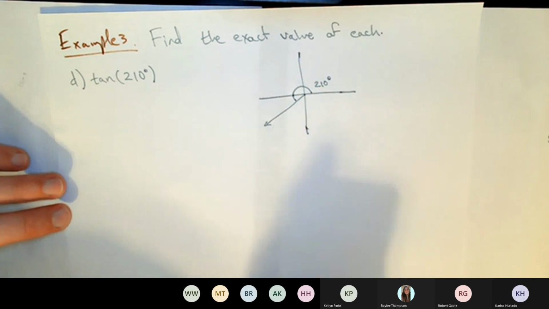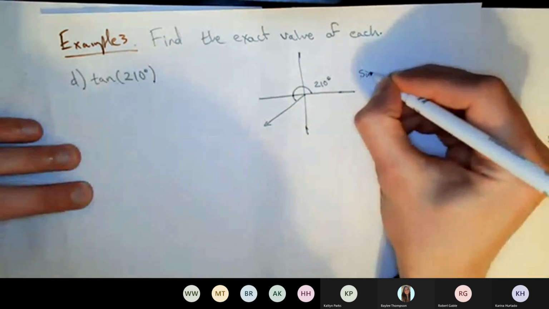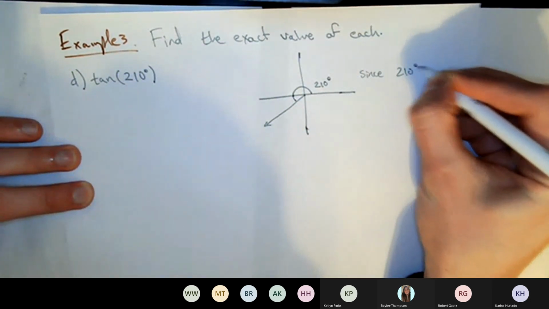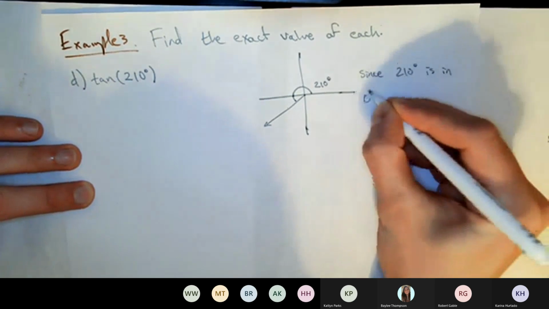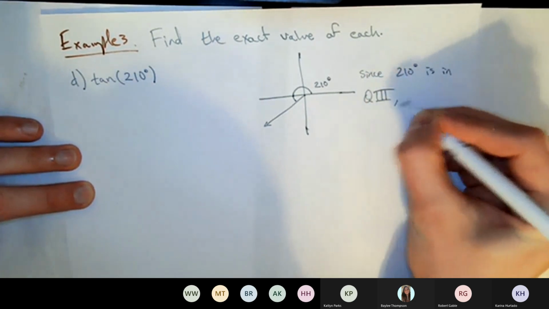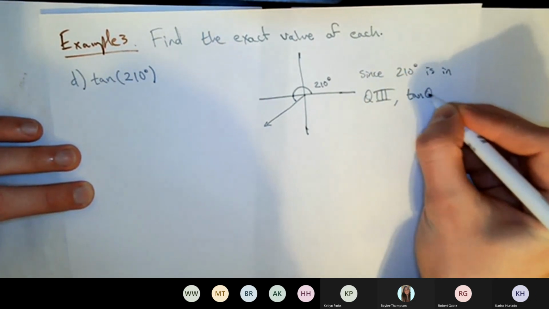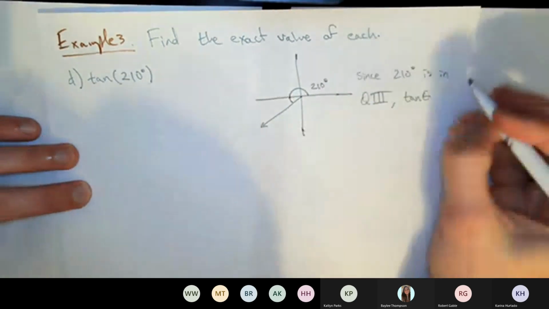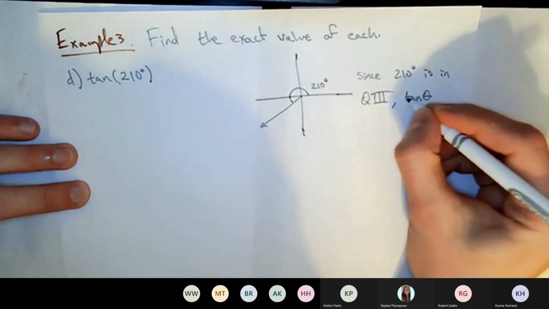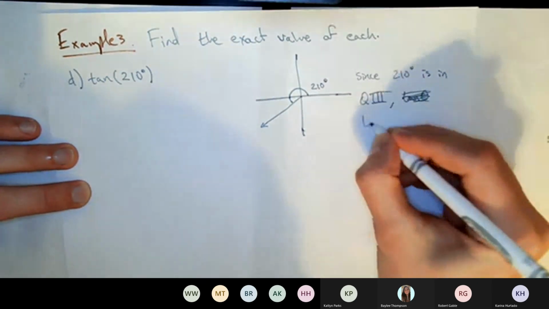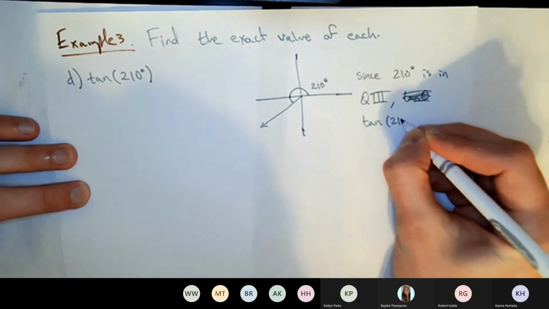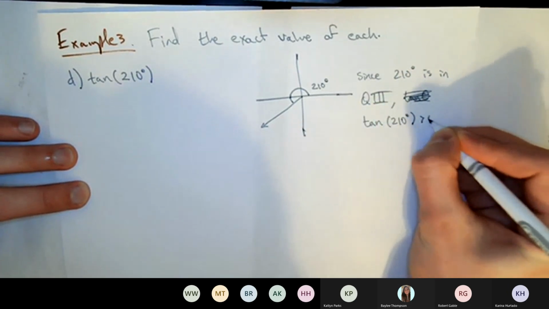Okay, so I'm in quadrant 3, which tells me that since 210 degrees is in quadrant 3, tangent of 210 degrees specifically should be positive, right?